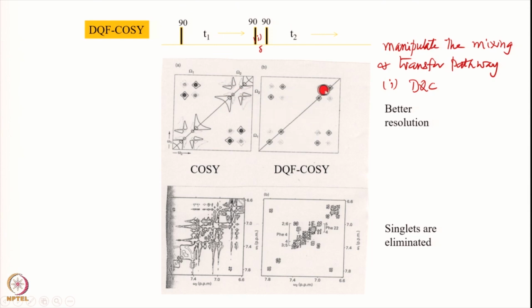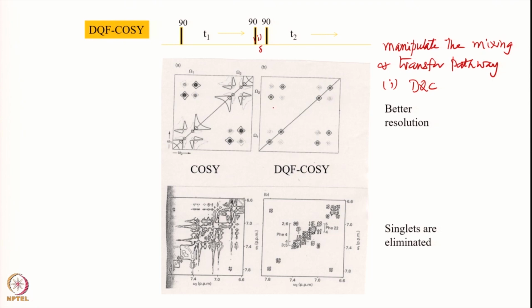Now look at the double quantum filtered COSY, this and this are identical. See, I have here plus minus, I also have here plus minus, but absorptive line shapes. So therefore I have absorptive here and also absorptive there.